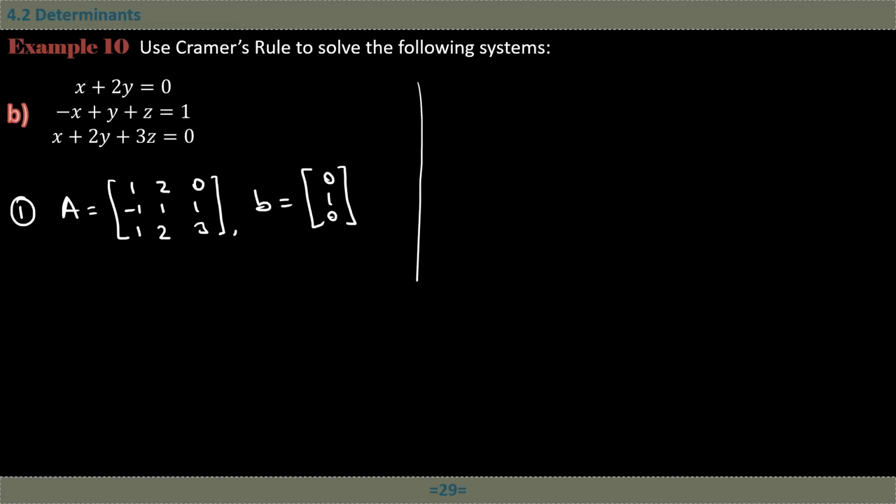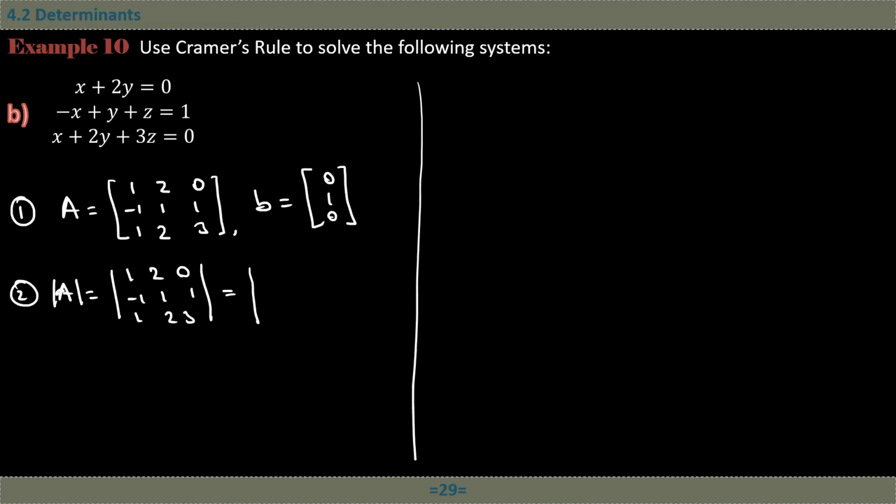So we may need more space. Let me draw a line here. And the second step, let's calculate the determinant of A. That's equal to the determinant of 1, 2, 0; -1, 1, 1; 1, 2, 3. Immediately, multiply the first row by -1 and add to the third row.